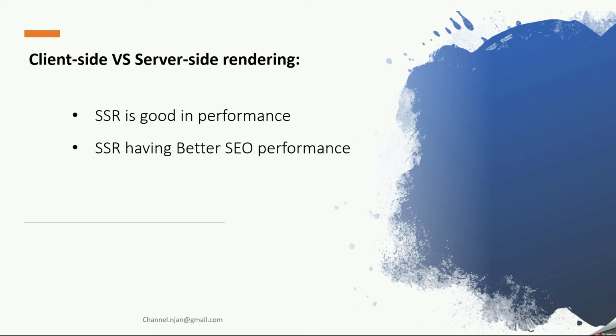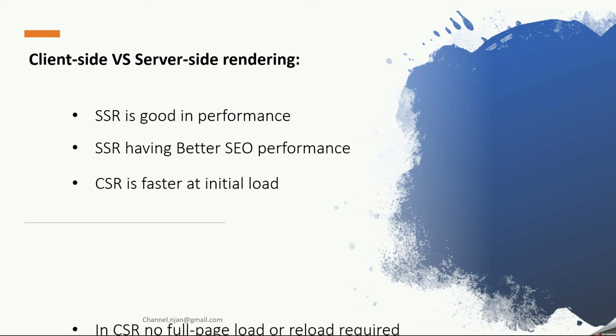In that case the SSR approach renders faster, so SSR gives better SEO performance than CSR. CSR is faster at initial load, because SSR renders the maximum amount of content from the server, but CSR gets only the minimum amount of content, so for initial load CSR is better. But the user can't view the full content of the page, because CSR does partial content.